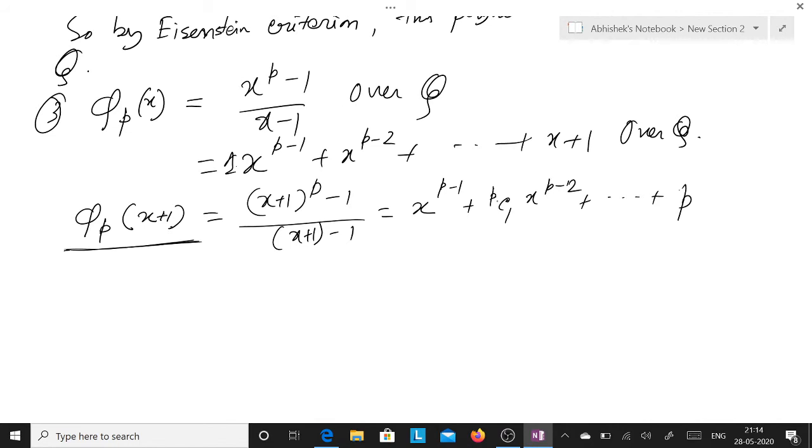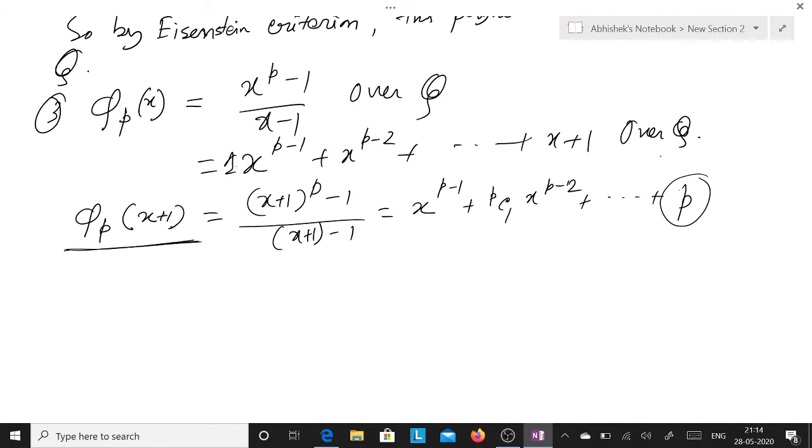So with this expression you can invoke Eisenstein's criterion with respect to a suitable prime. In that case, your constant term is p, so the prime must be p itself.